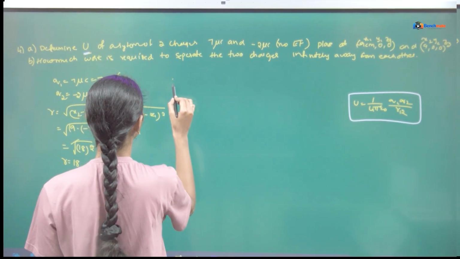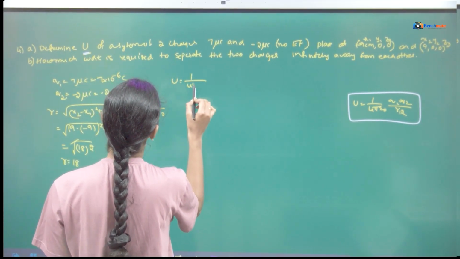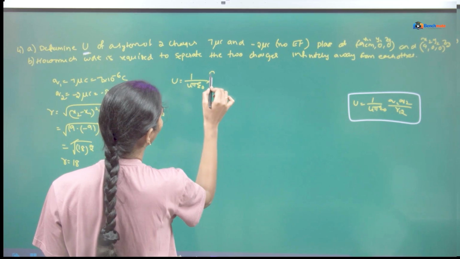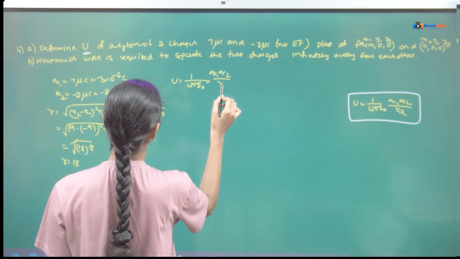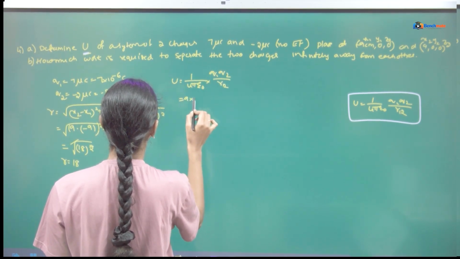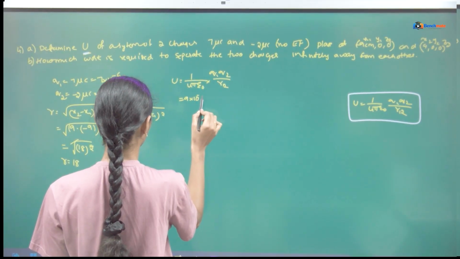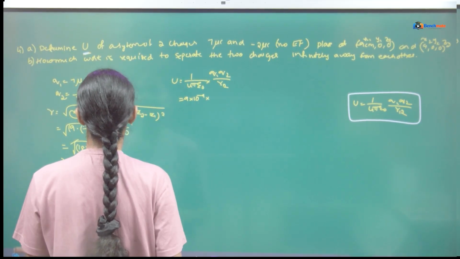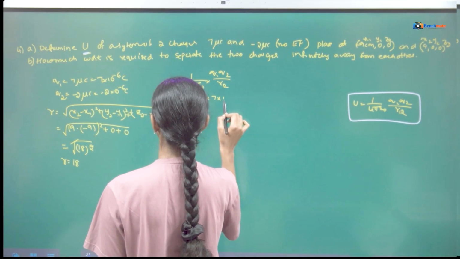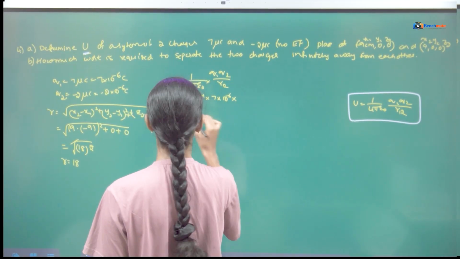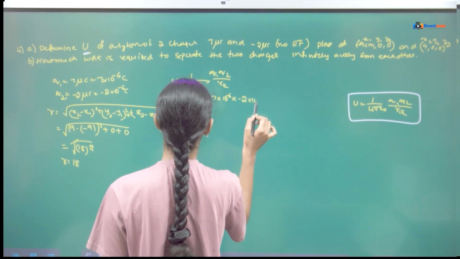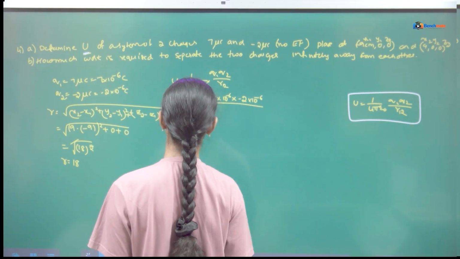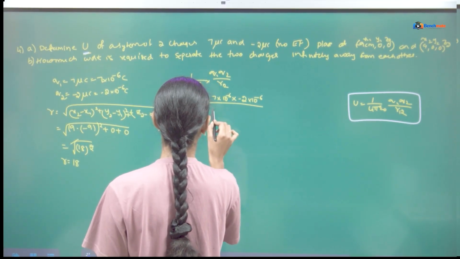That is U equal to 1 by 4 pi epsilon naught Q1 Q2 by R12. 1 by 4 pi epsilon naught is 9 into 10 power 9, into Q1, 7 into 10 power minus 6, into Q2, minus 2 into 10 power minus 6, by R12, that is 18 into 10 power minus 2.